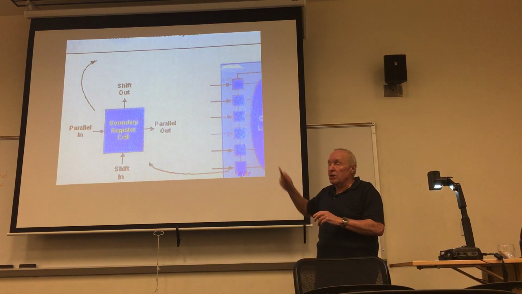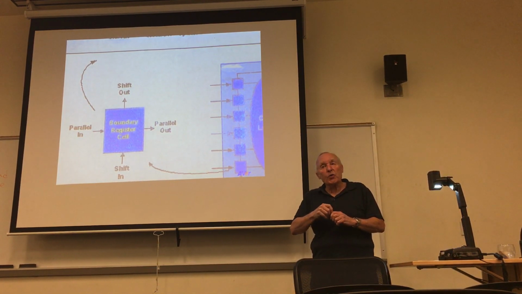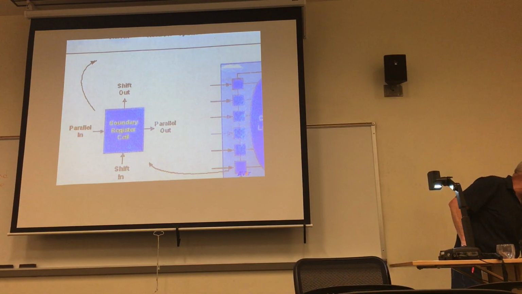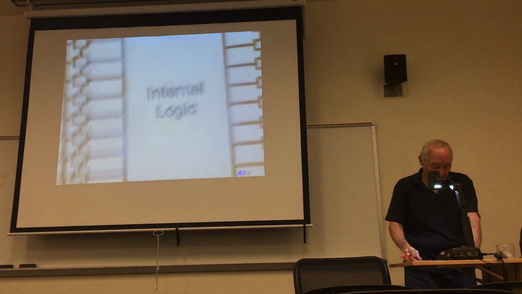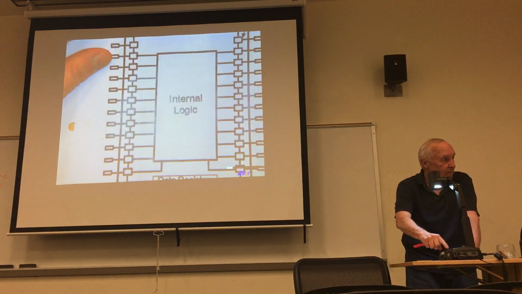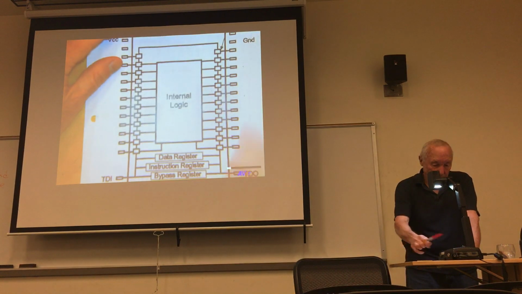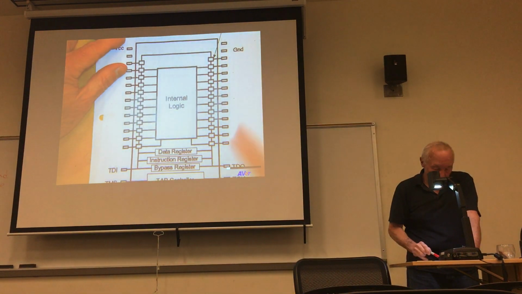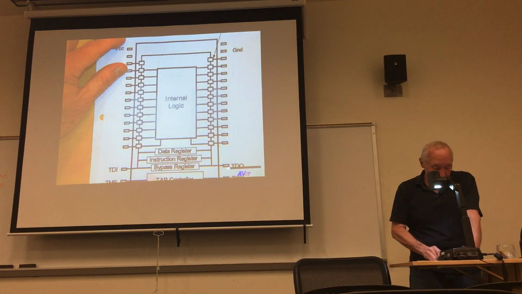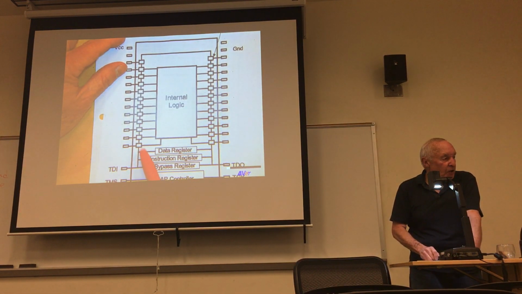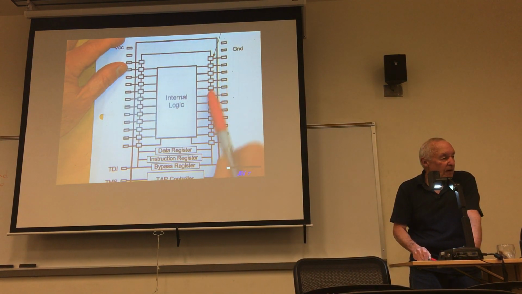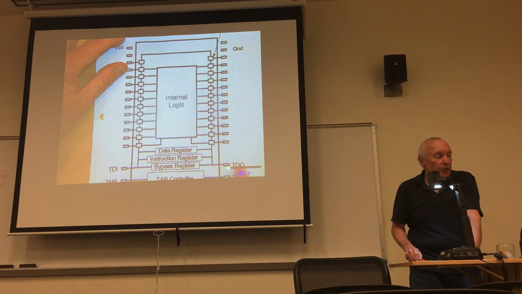The shift in and shift out allow you to connect all of these boundary scan cells, as you see here, into one big shift register. TDI being the input to the shift register, wrapping around and coming out through TDO.